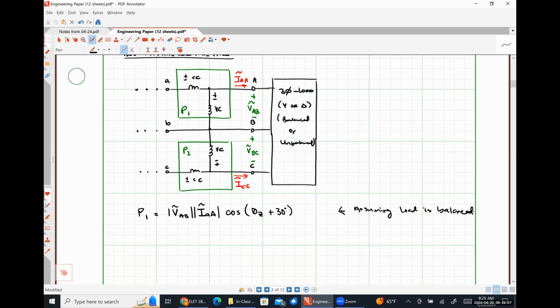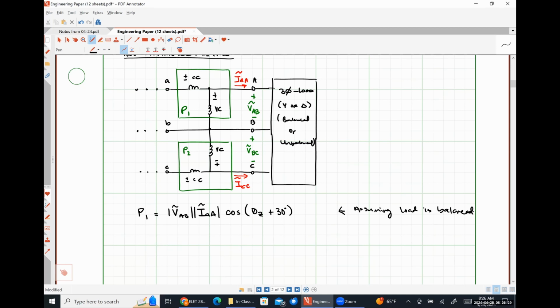If we have a Y connected load, then we know the line current IAA and the phase current IAN are related to each other by a factor of √3 angle 30 degrees. So regardless of whether our load is connected in delta or connected in Y, there's going to be a 30-degree phase shift relationship between the line quantities and the phase quantities.